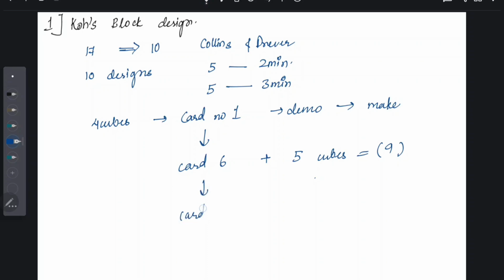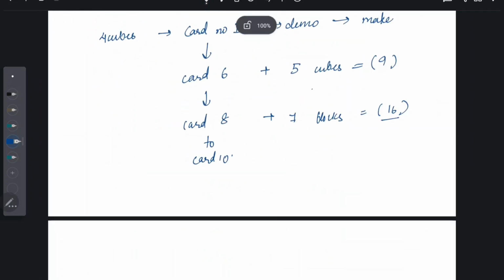When you move on to card 8, here you add 7 more blocks, and then you ask them that now they have to make the design with a total of 16 cubes.